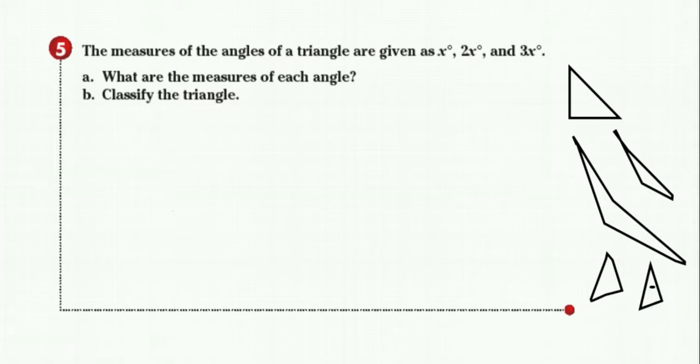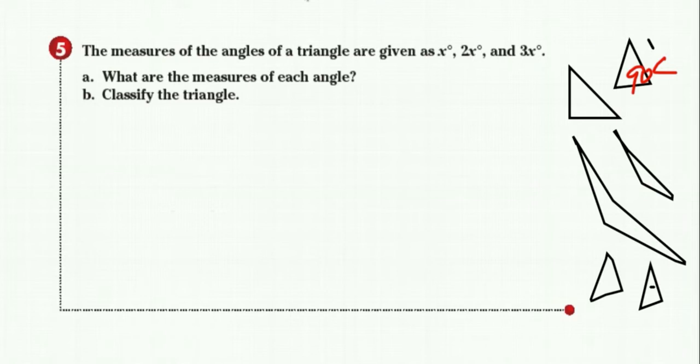Let me do another triangle. Let's make this work now. You have something like this. There you go. This is an acute triangle, where all the angles are less than 90 degrees. So you have an acute, a right, and obtuse.